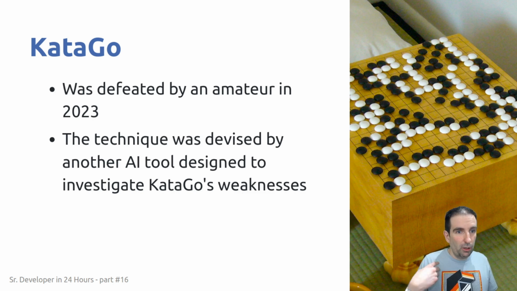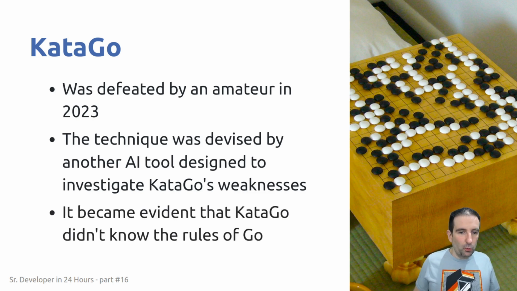But it caused KataGo to pass at a point where it was actually losing. So what became evident was that KataGo didn't really know the rules of Go. It was an algorithm that was great at playing against very seasoned players.